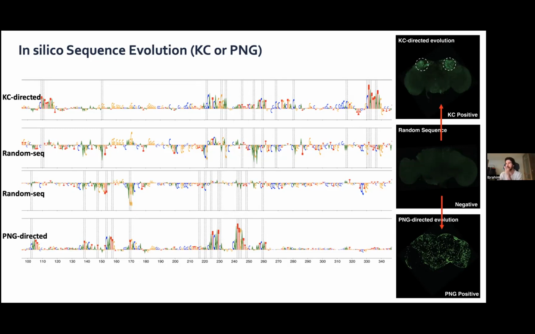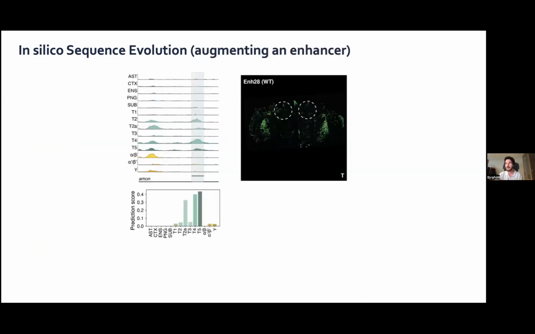Another way: we thought we can create an enhancer from scratch, and then we thought, can we create an enhancer inside another enhancer? So there will be two different codes corresponding to two different cell types. For this, we use genomic sequences. This one is a T-neuron enhancer, and as you can see, it is specific to T2A, T4, and T5.